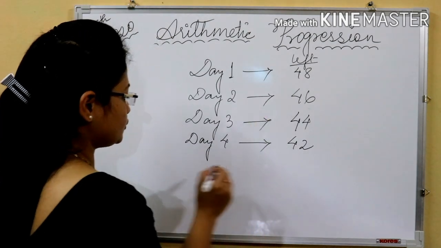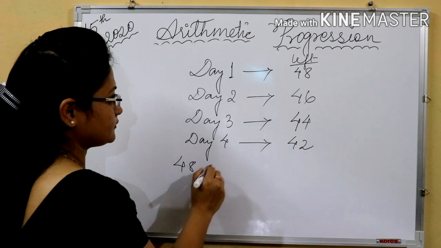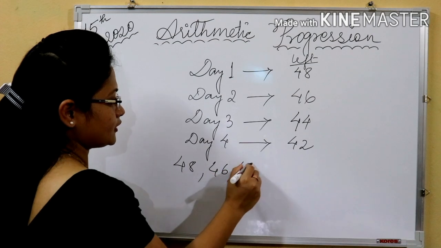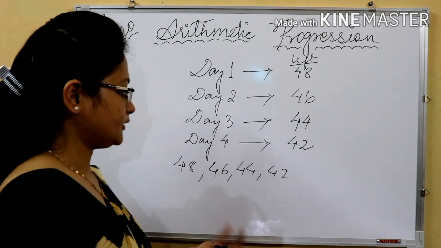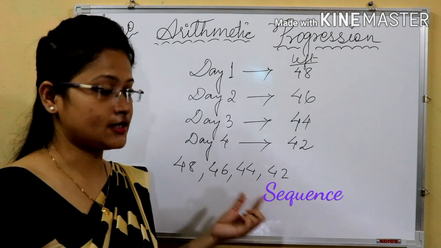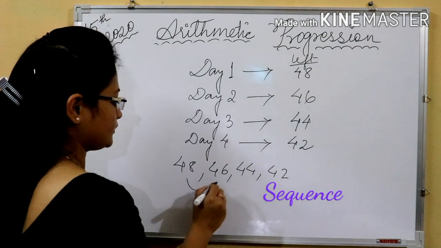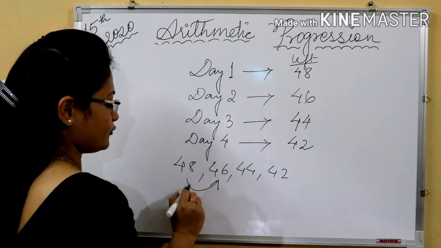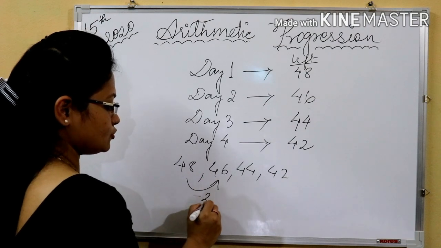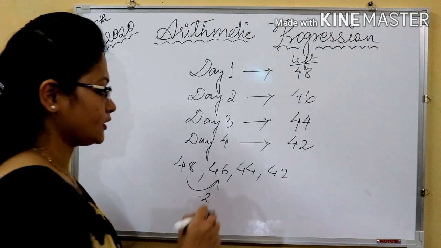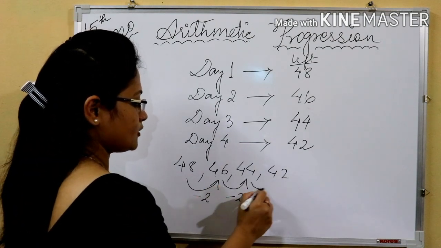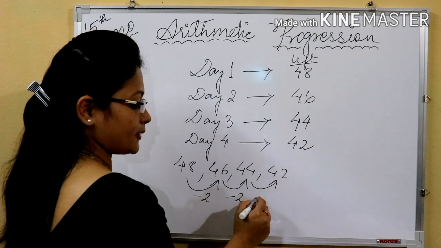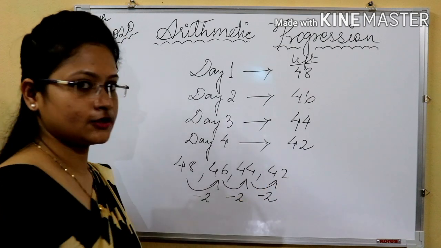So now these numbers, 48, 46, 44, 42, are in a sequence if you see properly. 48 minus 2 will give you 46, 46 minus 2 will give you 44, 44 minus 2 will give you 42.